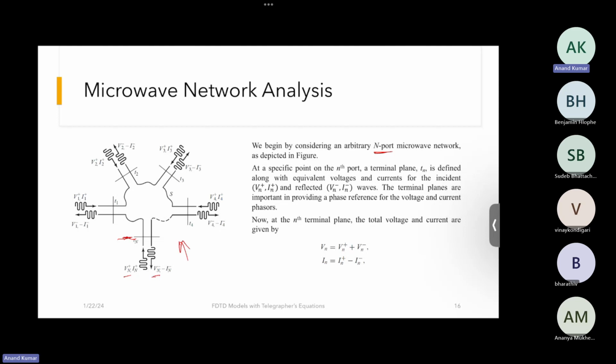These are the forward traveling voltage and current values. And we do this for all the ports. The total voltage at each port is given as a sum of the forward traveling voltage wave and the reflected wave, and similarly for the current as well.